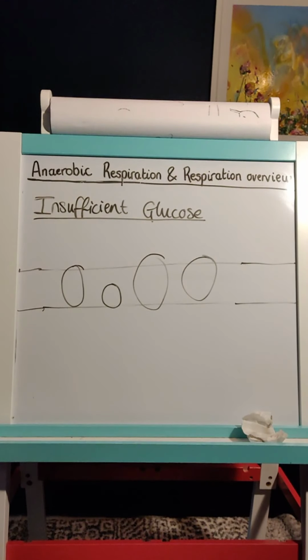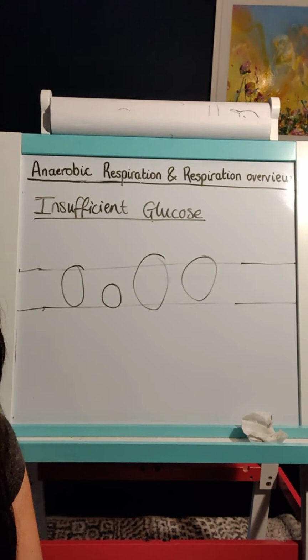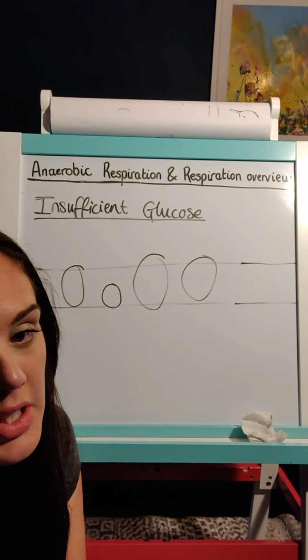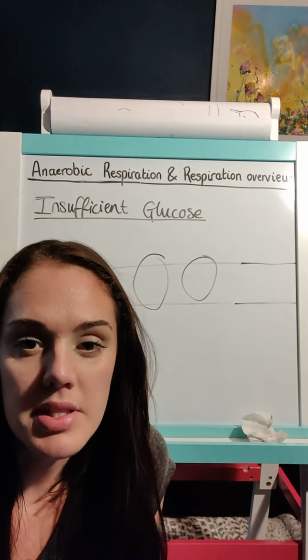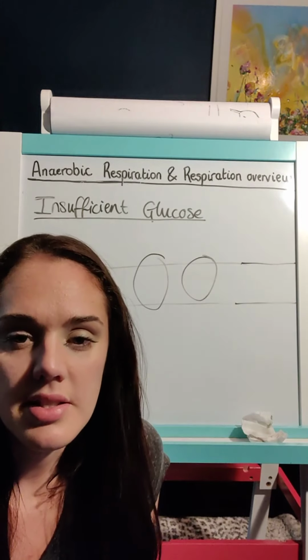So for example, one of them is rotenone. If you saw a question that had the word rotenone in it, it would give you the information in the question, but you could pick up on the fact this is probably about inhibitors, and then you could start talking about all this stuff.